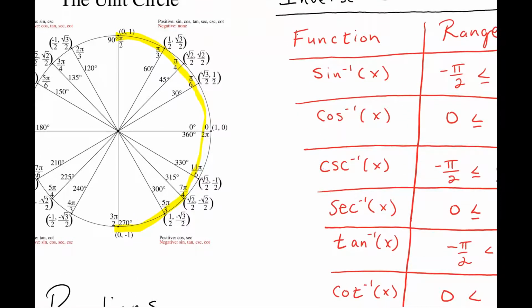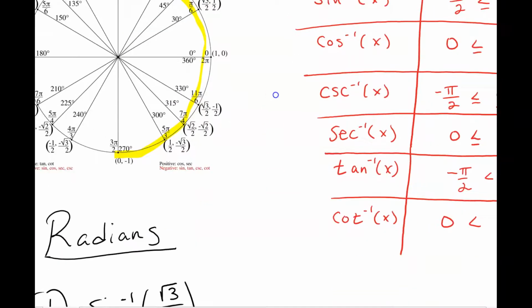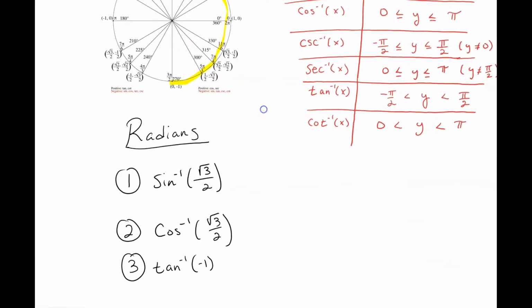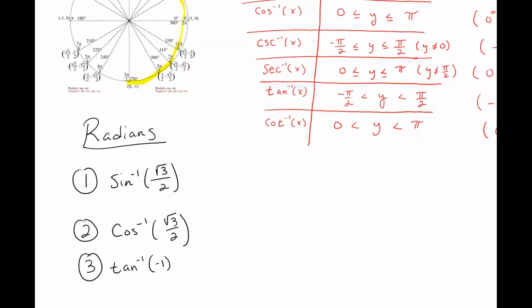Well, that happens only at one point. That happens right here at pi/3, which corresponds to 60 degrees as well. So the answer here in radians is going to be pi/3 radians. If you wanted a degree answer, you would say 60 degrees.